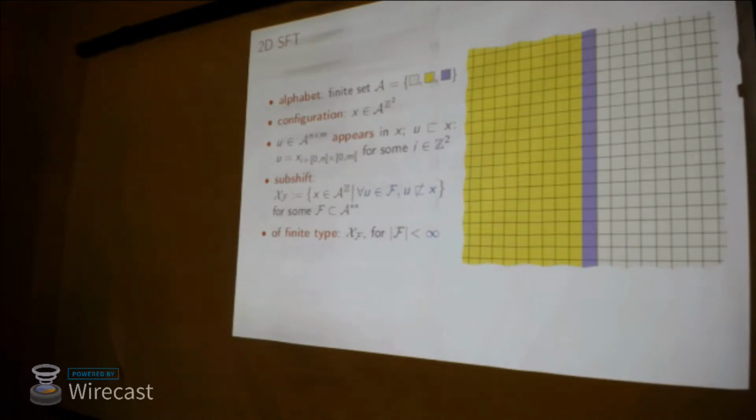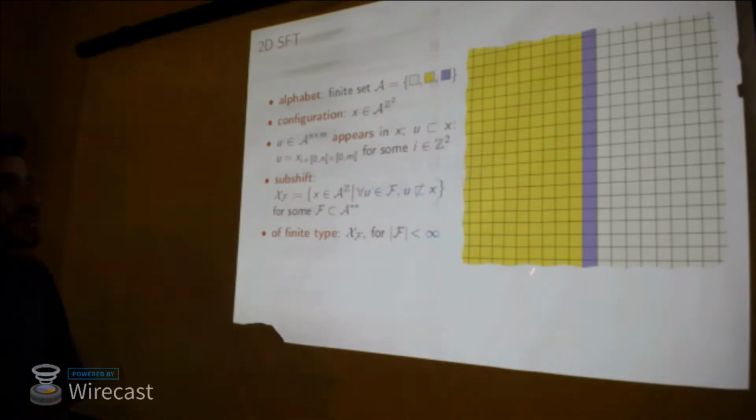Maybe it's not exactly the set of patterns that I described, but I think you can get convinced that this family of configurations can be defined by some local patterns of size 2 times 1 and of size 1 times 2.